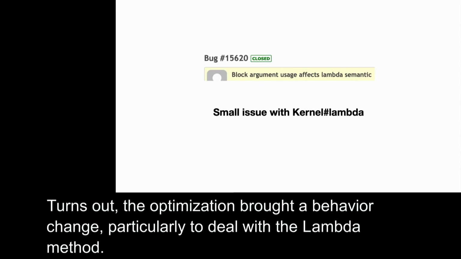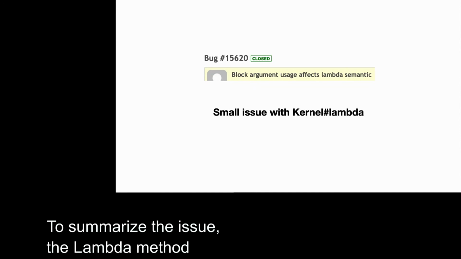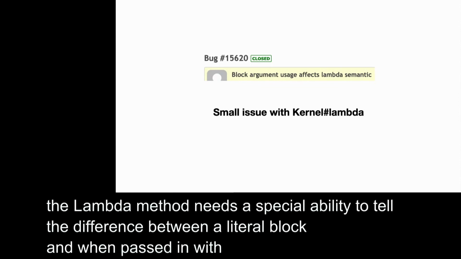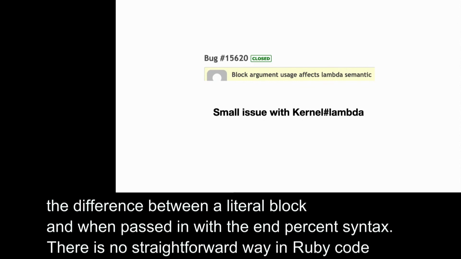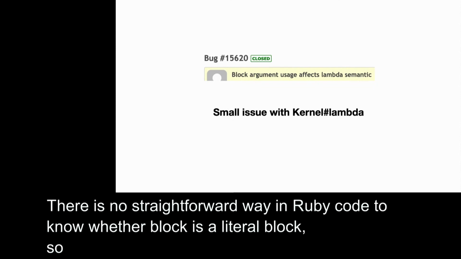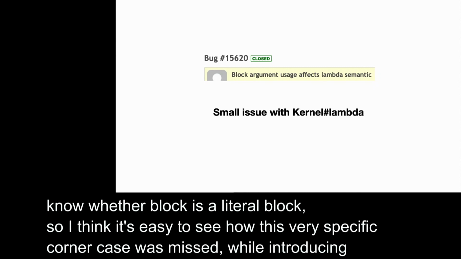To quickly summarize the issue, it turned out that the lambda method needs the special ability to tell the difference between a literal block and when passed in with the & syntax. There is no straightforward way in Ruby code to know whether a block is a literal block, so I think it's easy to see how this very specific corner case was missed while introducing this optimization.